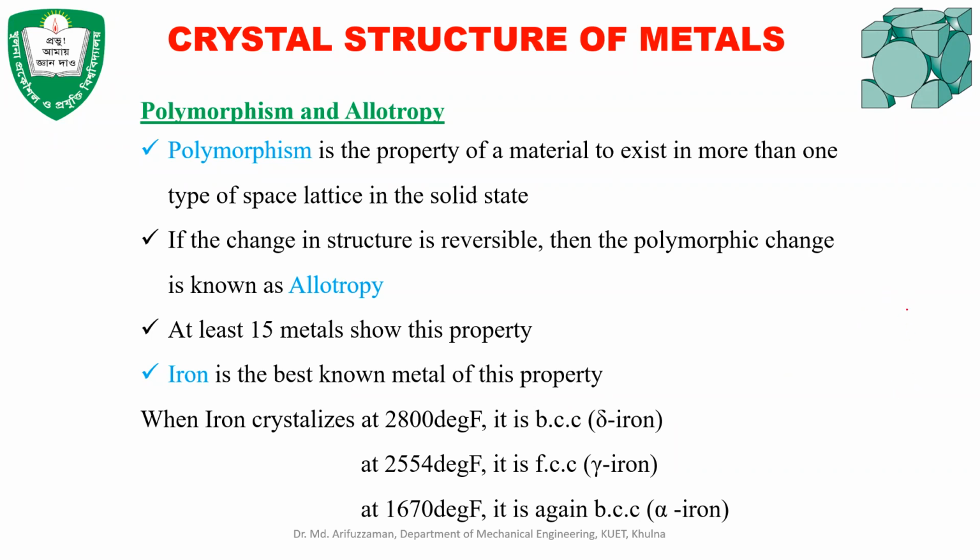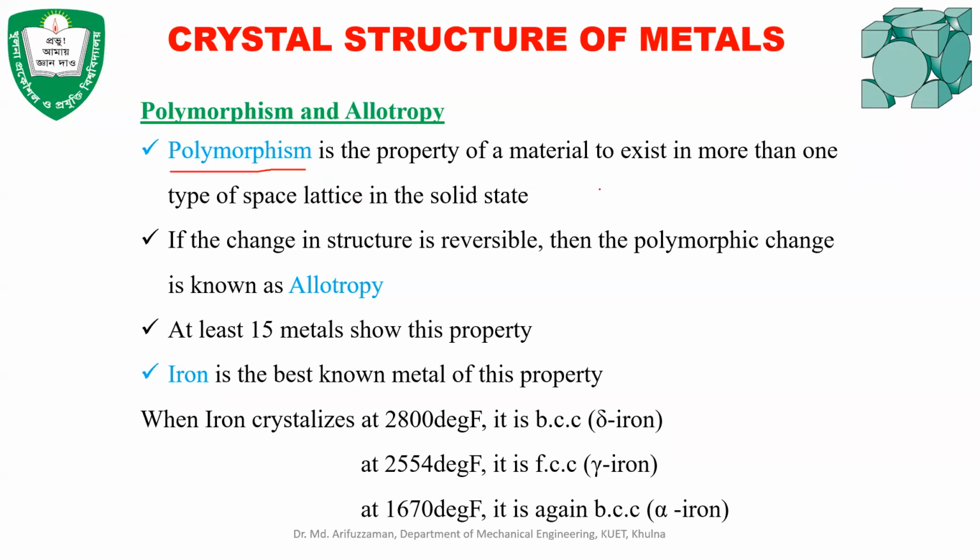It can change from body-centered cubic to face-centered cubic and then again back to body-centered cubic. Some materials can interchange between them, but some materials can't. So the phenomenon is called polymorphism. The property of those materials is called polymorphism.